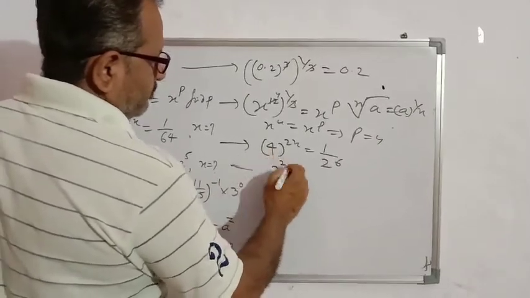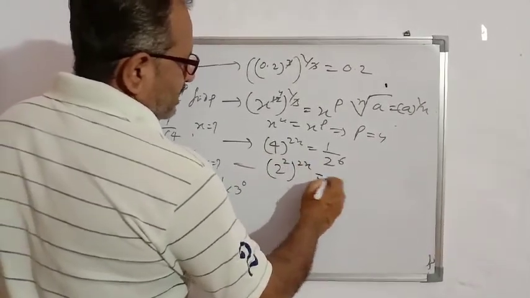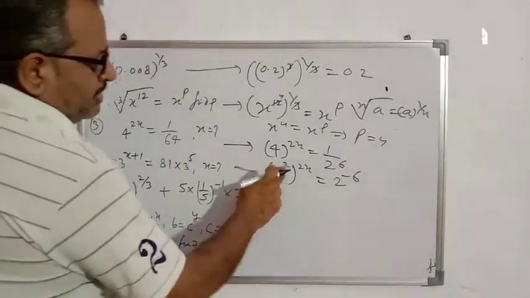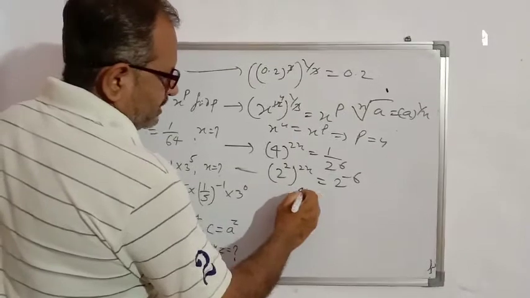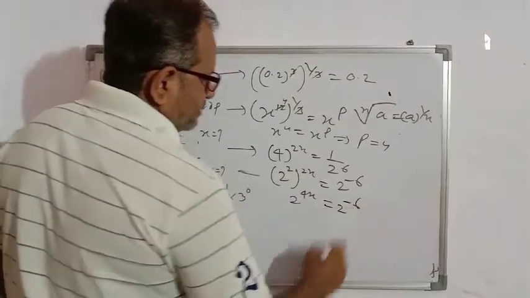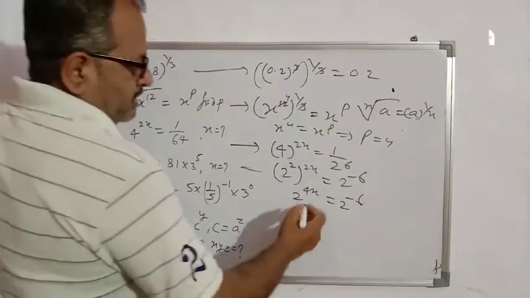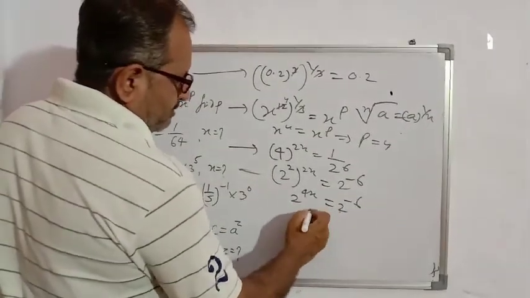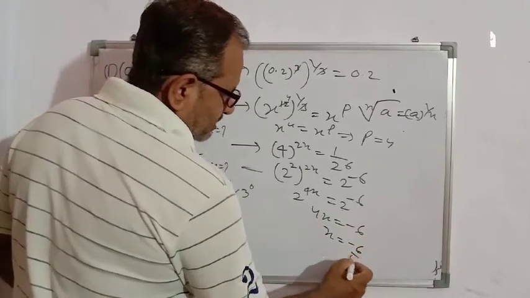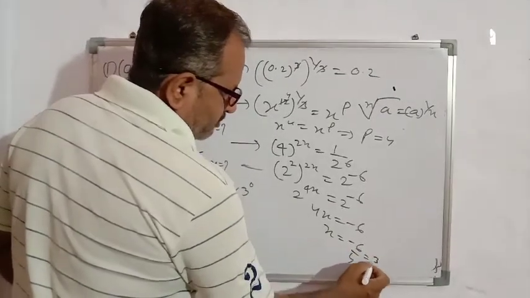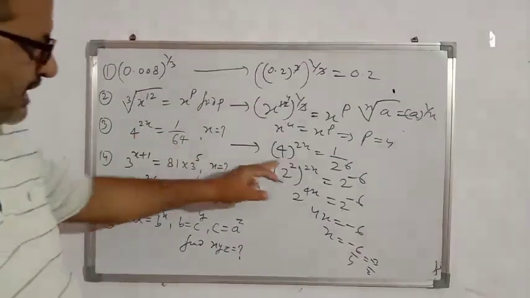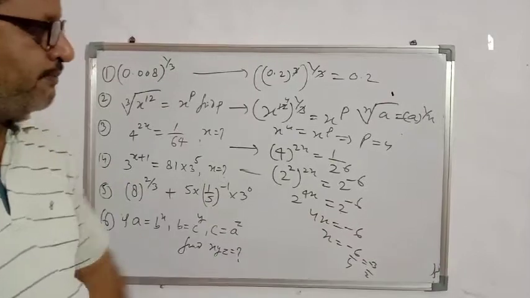So 2 to the power 2, whole to the power 2x, and taking 1 by 64 upside, we write 2 to the power minus 6. Power to the power, multiplied: 4x, 2 to the power minus 6. Comparing both sides with the same base, 4x is minus 6, so x is minus 6 by 4, which is minus 3 by 2. So firstly make both sides' base the same, then equate the power. We will get the answer.